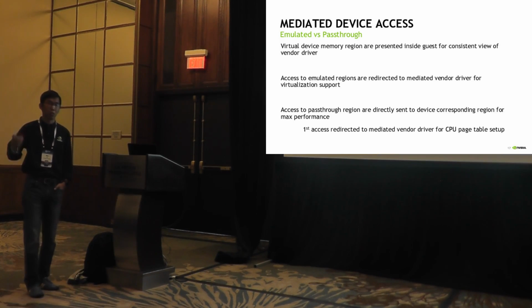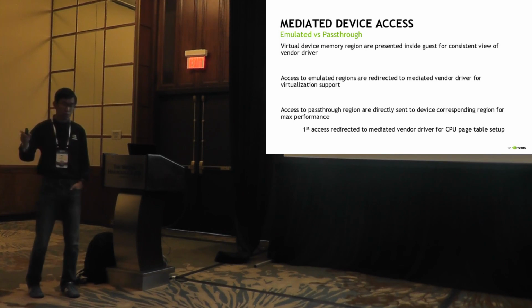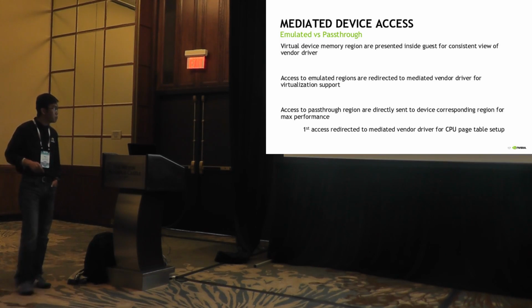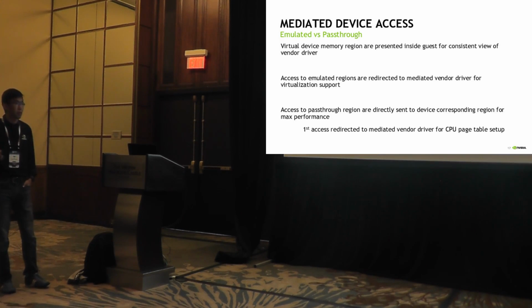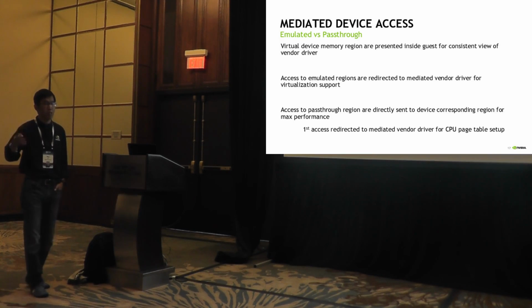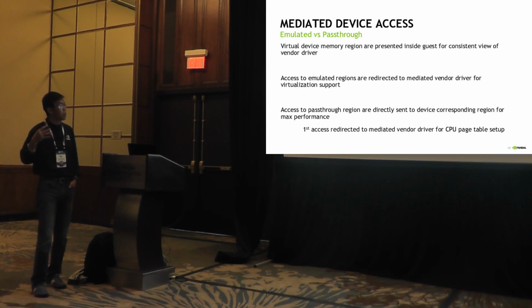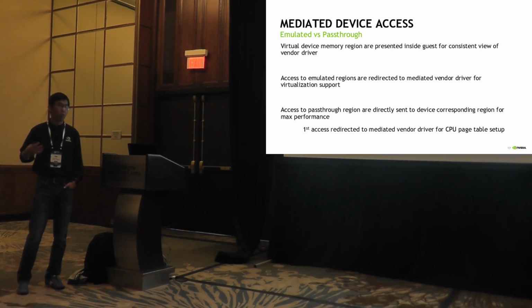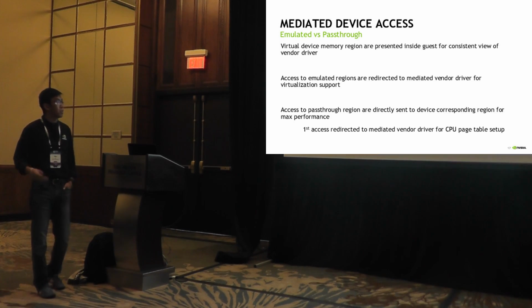So basically, you directly map that device memory to the guest where you want. That gives you the best performance, because whenever the application or the guest driver talks to the memory mapped IO region inside the guest, it's directly talking to the hardware. There's no VM exit.